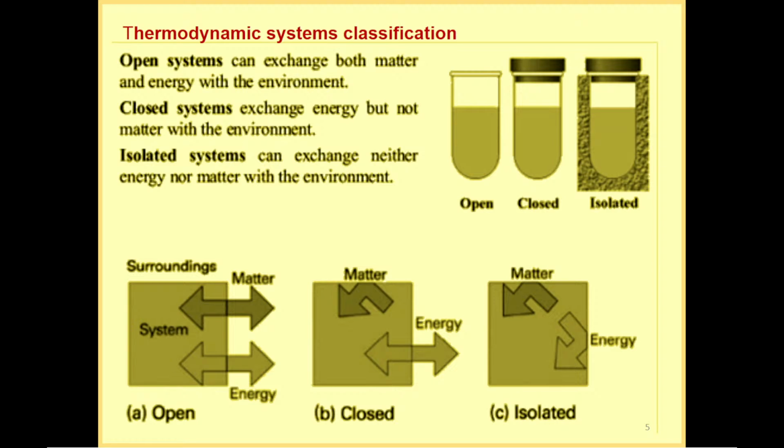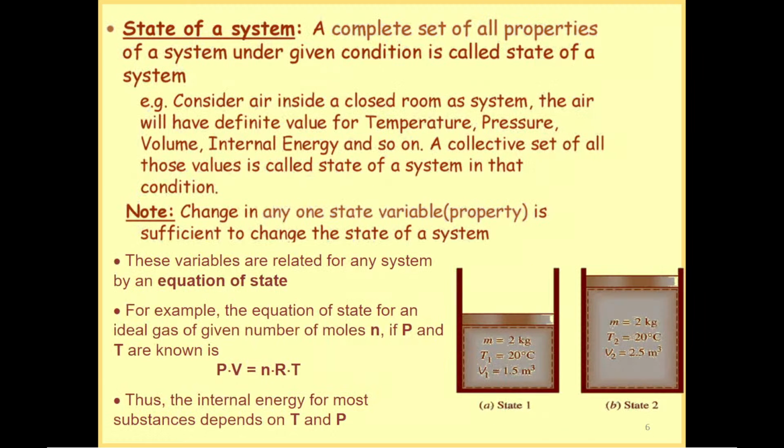The complete set of all properties of a system under given condition is called state of the system. The system property measures are mass, number of moles, and volume.